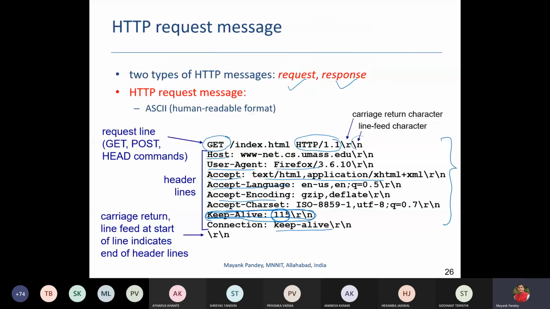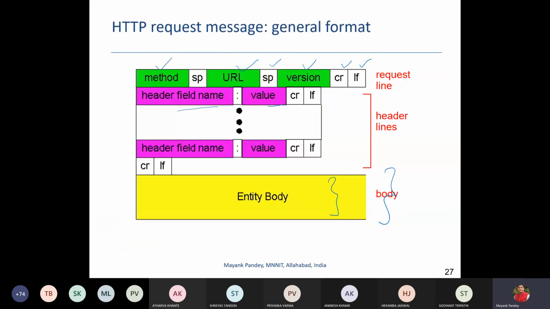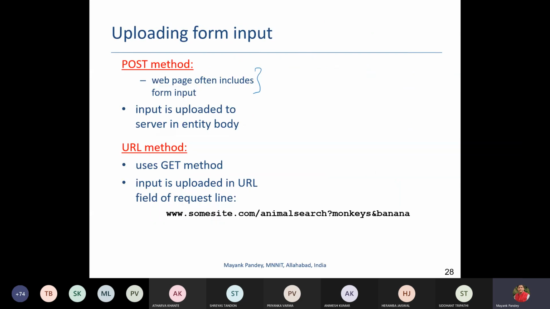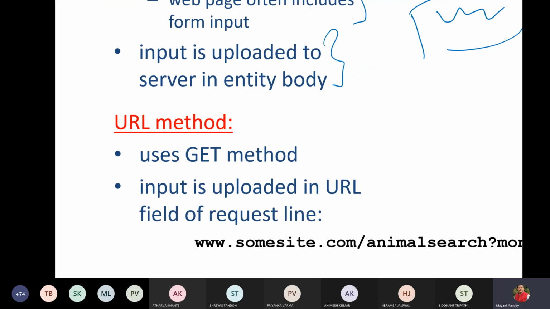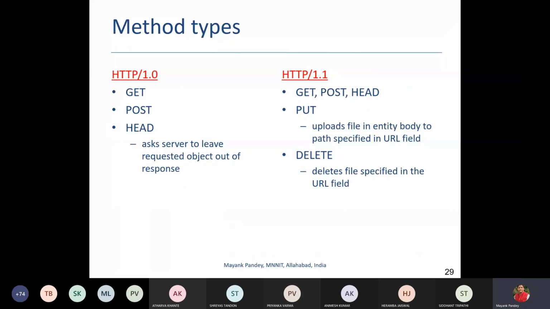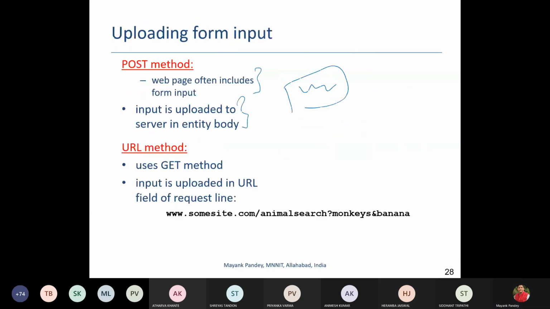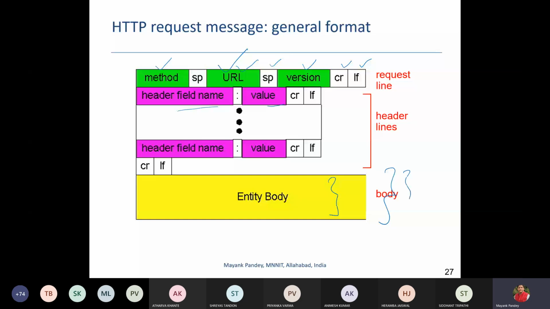Two methods: with the get method, the entity body is empty because you are sending just the URL. When you are using the post method, suppose you are filling a form, then your input can be uploaded in this entity body.